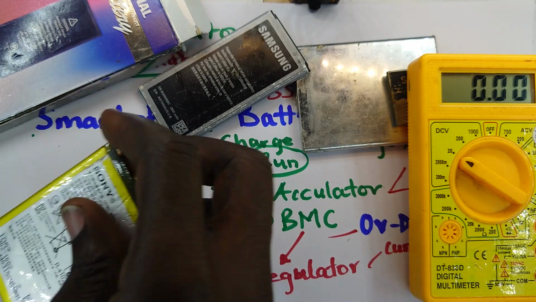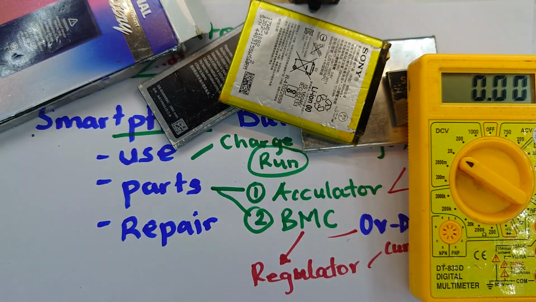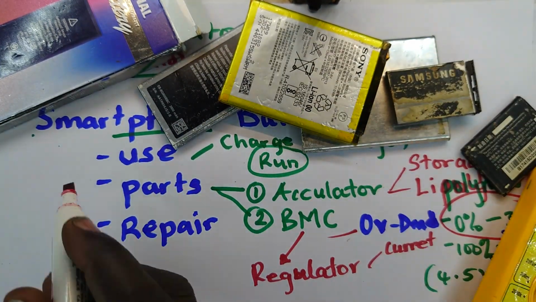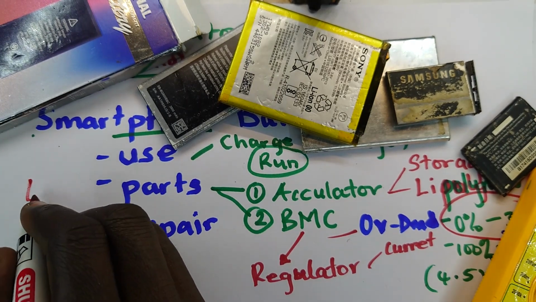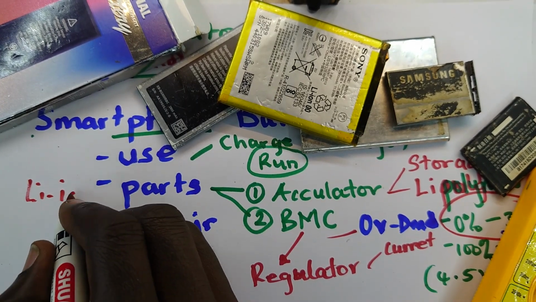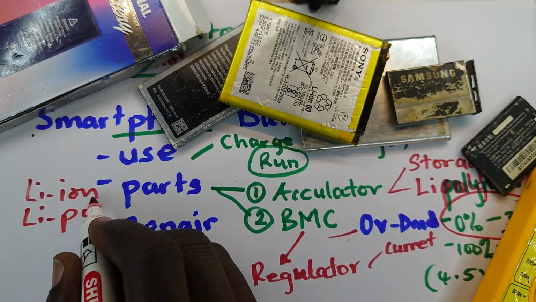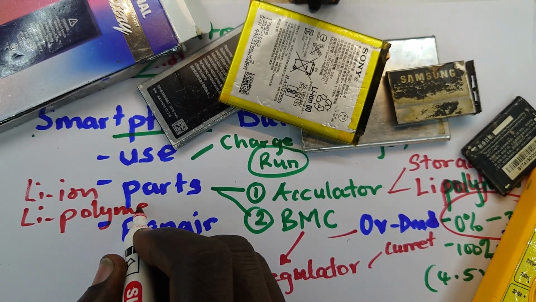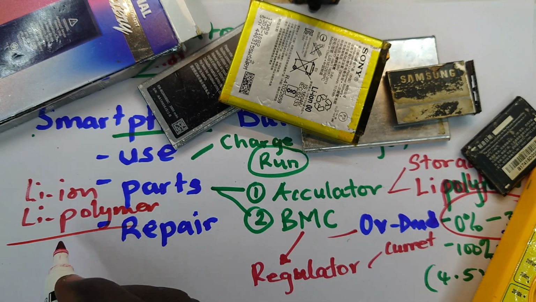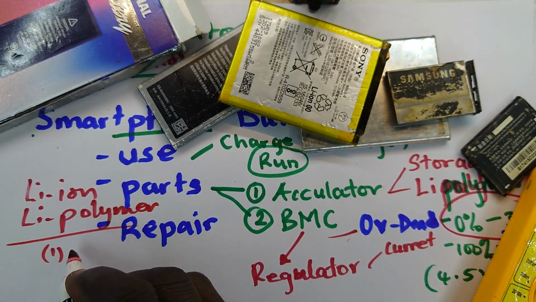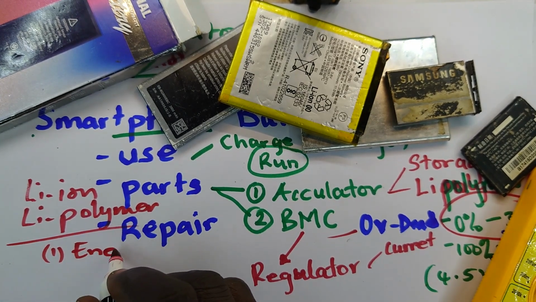Then I think something worth noting is why lithium ion or lithium polymer batteries are used when it comes to smartphones. One, the first thing is that they have a high energy density.